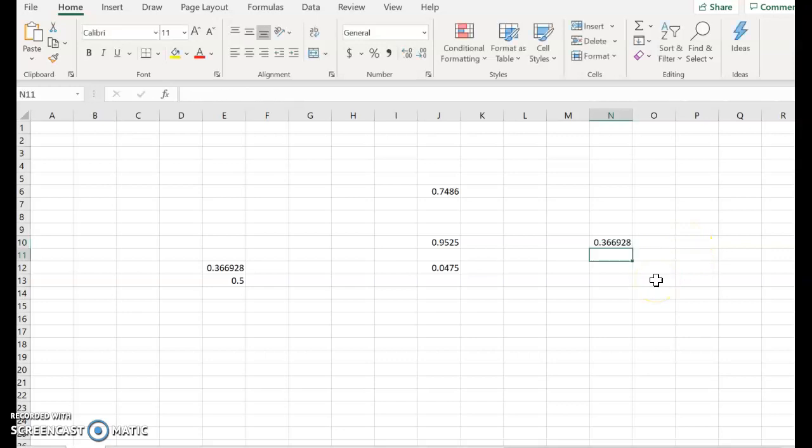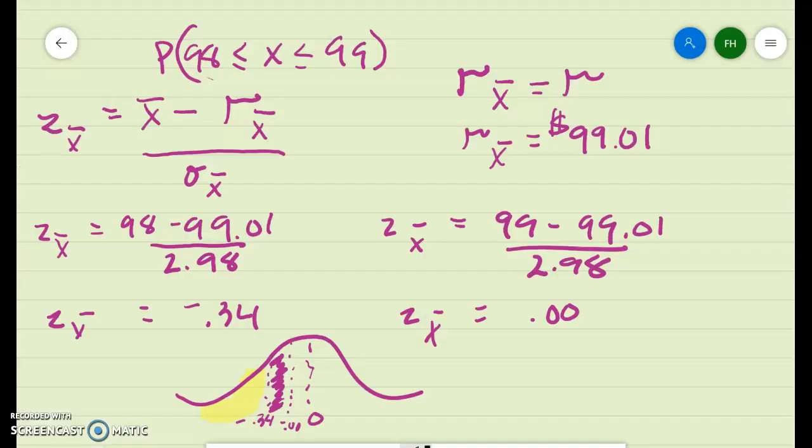That's going to give us 0.36, and we're going to go ahead and round this. I believe that's what I did, is rounded it to 4 decimal places. So that's going to give us 0.3669. So 0.3669 is the probability from here to here.